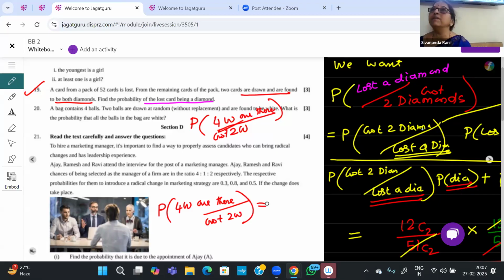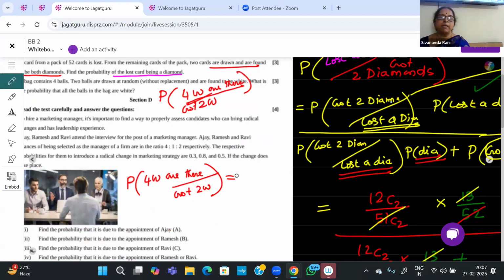But there are various possibilities. It could have been 4 white, 3 white, or 2 white. There are many situations, entangled in the same situation. B1, B2, B3, and your A are entangled there. So I don't think it is simple conditional probability.